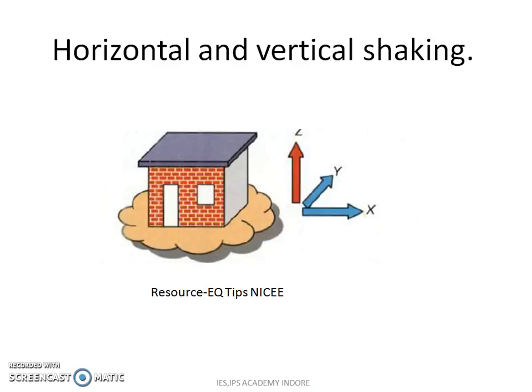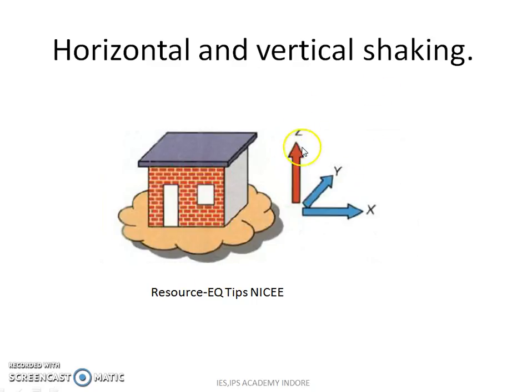So all structures are primarily designed to carry gravity load, that is, they are designed for a force equal to the mass m, which includes mass due to its own weight and superimposed loads, times acceleration due to gravity g. This is called gravity load.